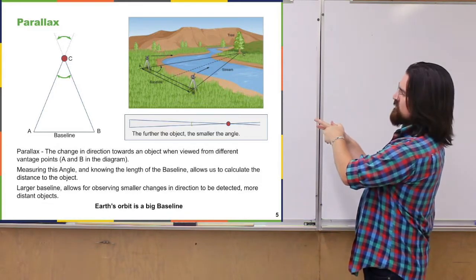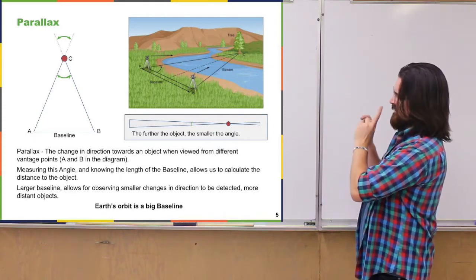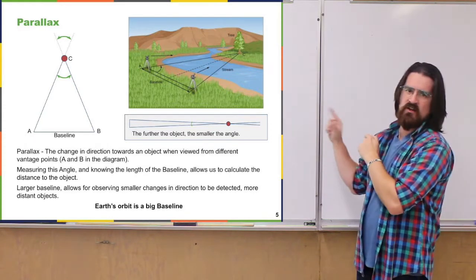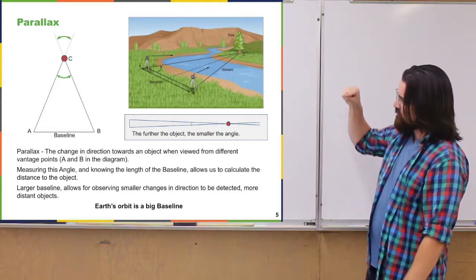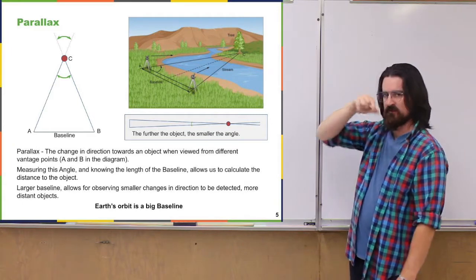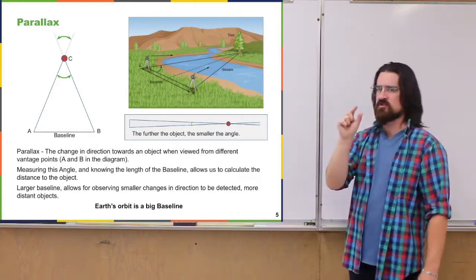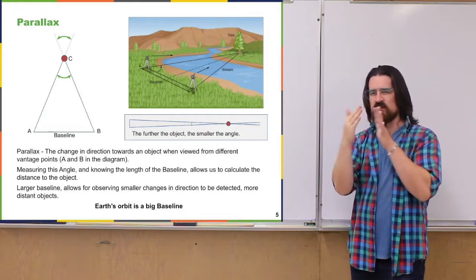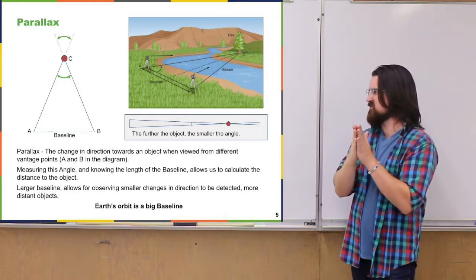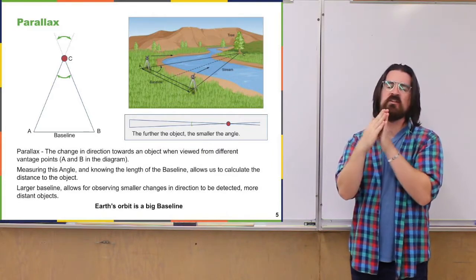And as I pointed out, the further away an object is, the smaller that angle becomes, the smaller the difference is between the viewing from vantage point A and B. Okay? And if it's a much smaller angle, it's a much smaller difference when viewed from the two vantage points, it becomes more and more difficult to distinguish that there even is a difference.